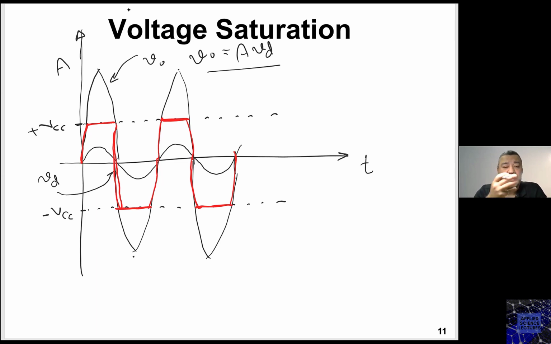The transformer is a passive device. It has losses. You're going to end up losing some of the power through thermal loss inside the coils. Op amps are active devices. They provide gain. They add power to my signal. So they are the opposite of the passive devices.